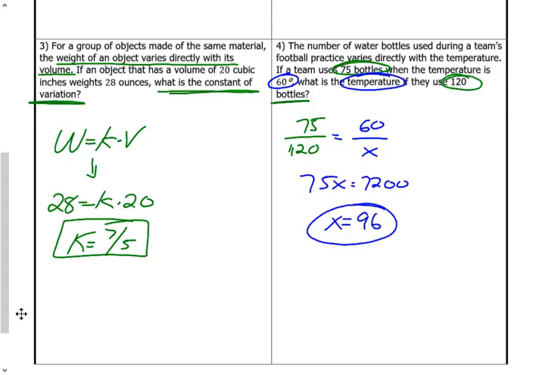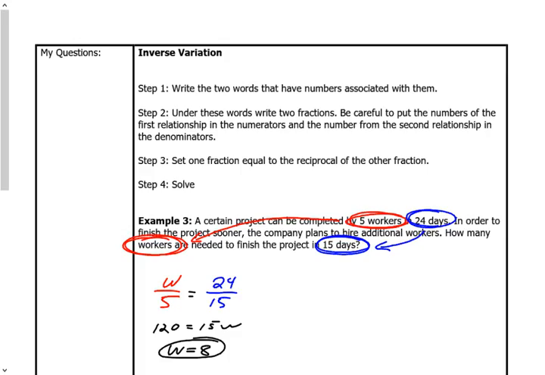Now, a couple of things that we haven't talked about here is recognizing that, and that's almost a big part. Now, we're not going to do any practice on that, but it's good to have that in kind of your, I don't know, toolbox, I guess. And that is to recognize that is a direct variation.